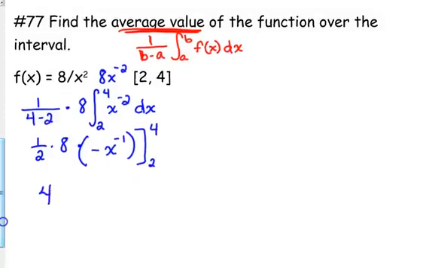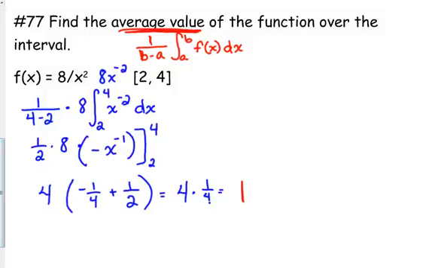So we've got 4 in front times negative 1/4 plus 1/2, because we're subtracting a negative. Negative 1/4 plus 1/2 is what? Positive 1/4. So the average value of this function from 2 to 4 is 1.